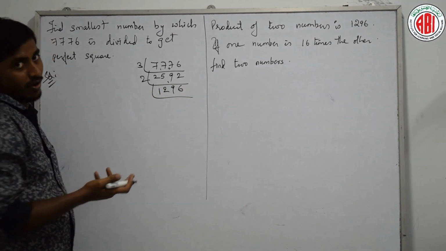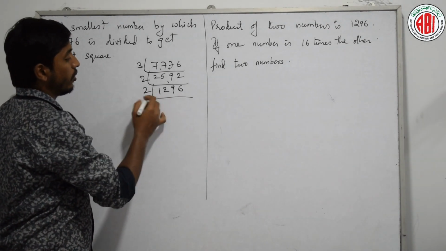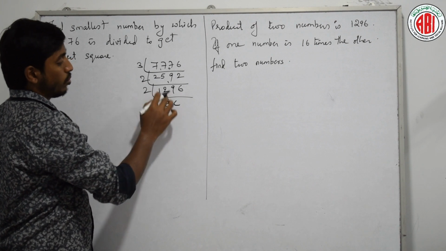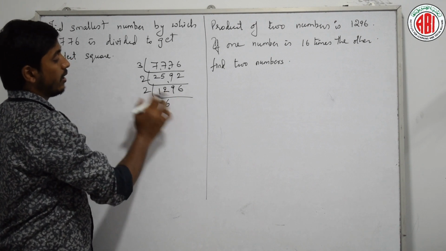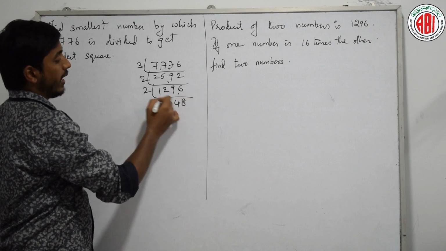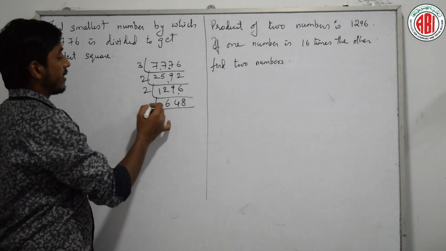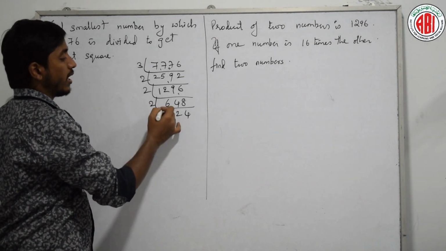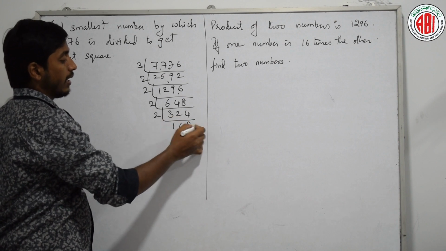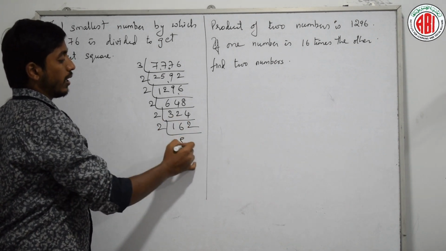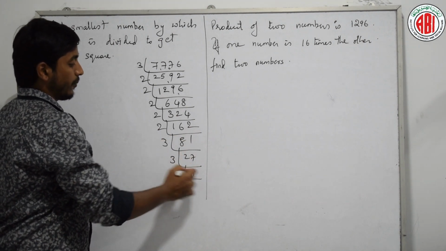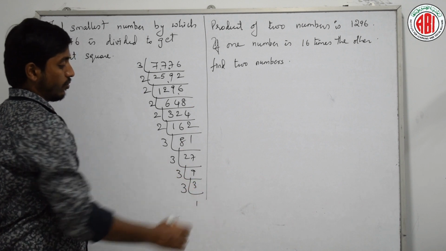Again, 2 into 6 is 12, 2 4s are 8, then 2 into 2 is 4, and then 3 into 27, 3 into 9, 3 into 3, again 3 into 1.